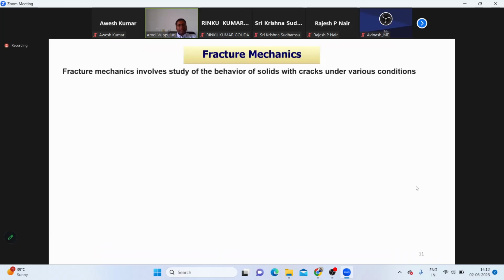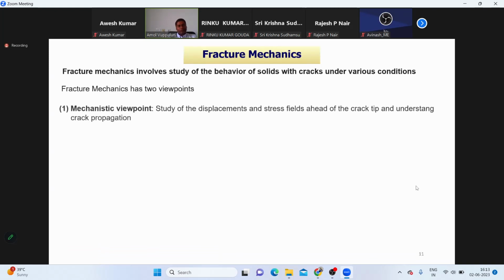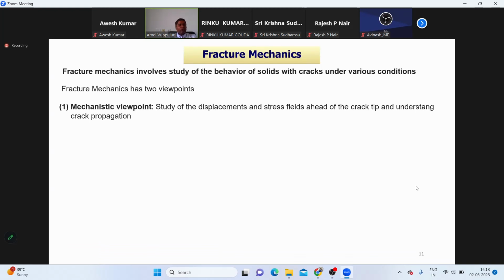Fracture mechanics primarily involves the study of the behavior of solids that crack under various conditions, and it has two viewpoints. One is the mechanistic viewpoint, where we only care about the mechanics aspect of the fracture.